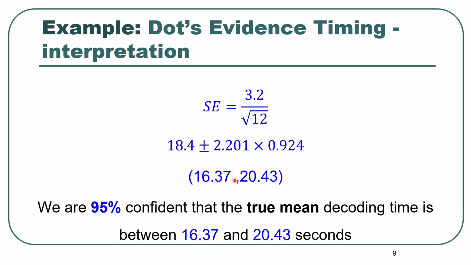The first one is the lower and the second one is the upper. How did we arrive at that 16.37? This is the X bar minus the multiplication of these two numbers, which is the critical value and the SE. The upper one is just applying the same formula with the plus sign rather than the minus sign.